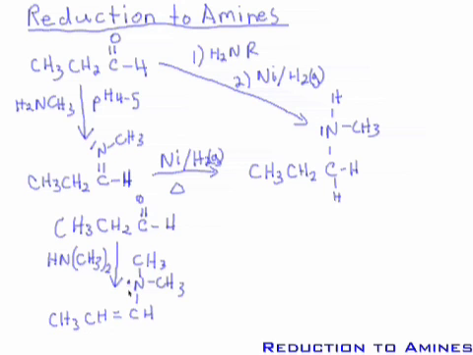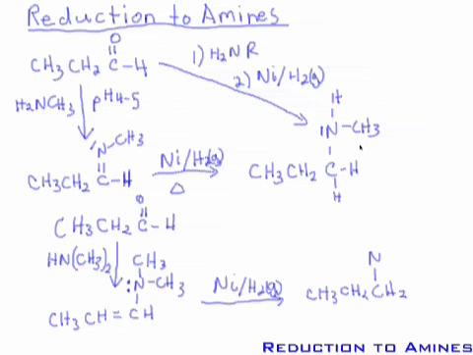form an enamine, such that if you did the reduction now, nickel hydrogen gas, you would hydrogenate the carbon-carbon double bond. And so whether or not you use a secondary and go through an enamine, or you use a primary and go through an imine, the hydrogenation is still possible, and you will get an amine.